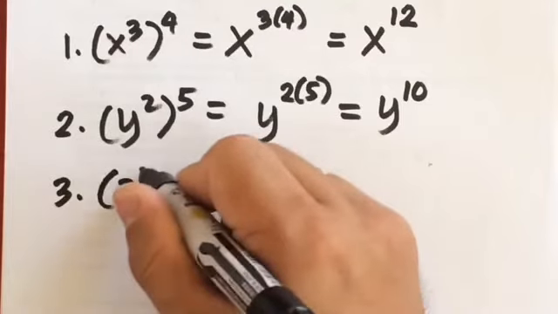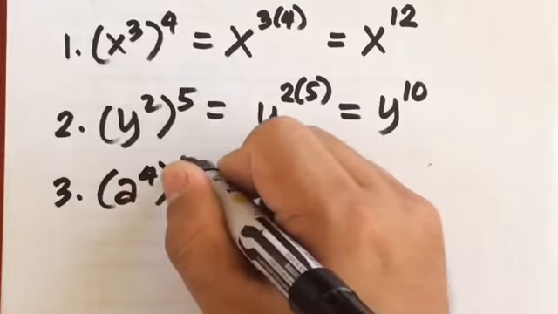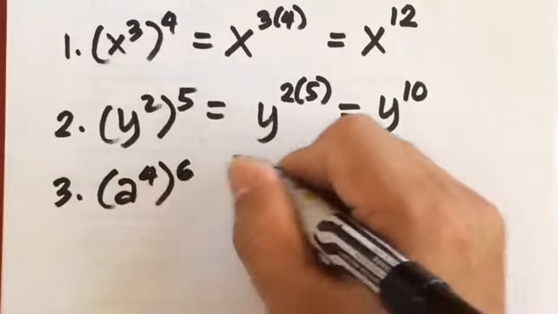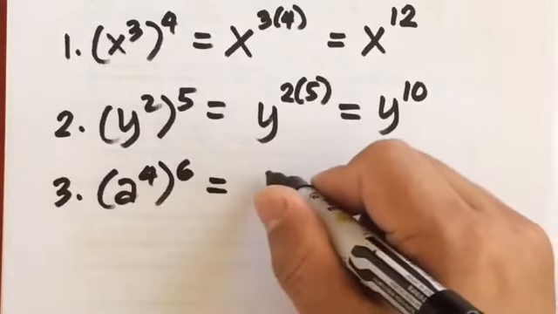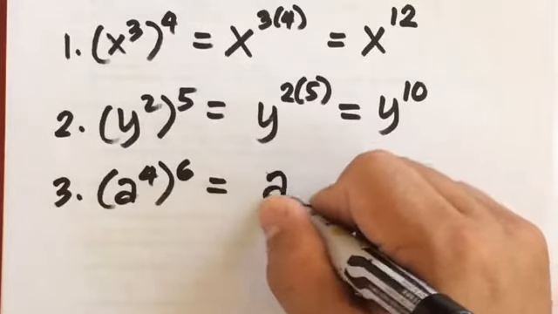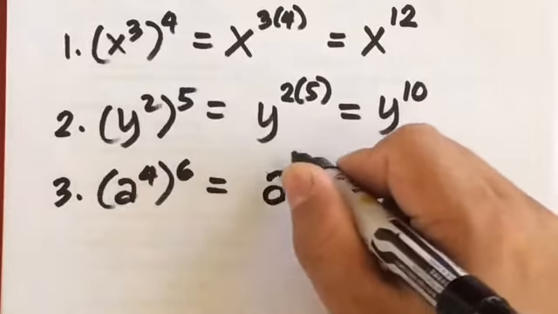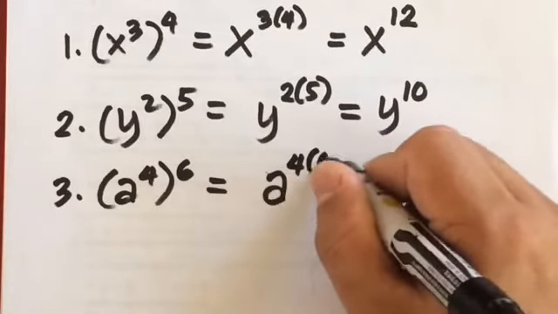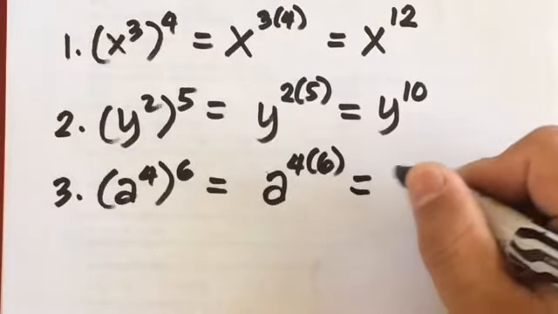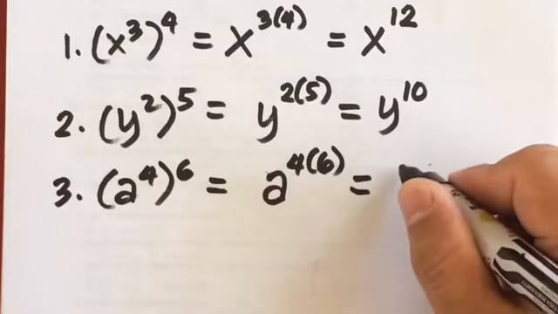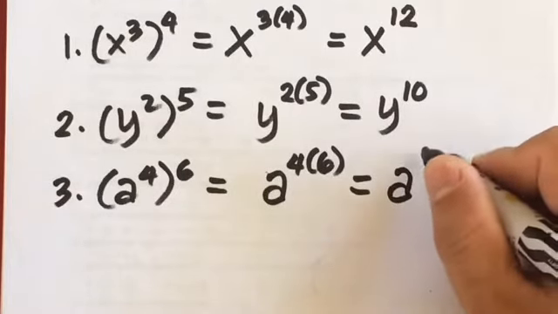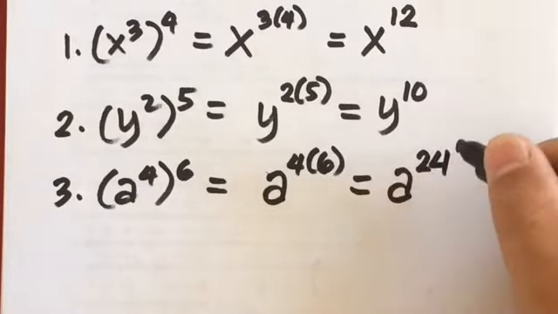A to the power of 4 raised to the power of 6. So that will be, you're going to copy the base a, then multiply the exponents. 4 times 6. So 4 times 6 will be 24. So a to the power of 24.